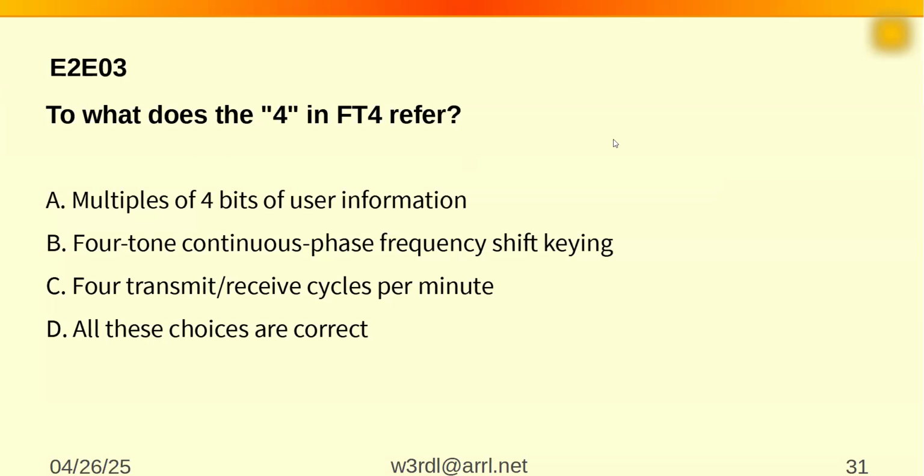Frank Taylor and Joe Taylor? No, Frank is the first guy's last name. Frank with an E on it. Yeah, Franke. Second person's last name is Taylor. What does the 4 in FT4 represent?